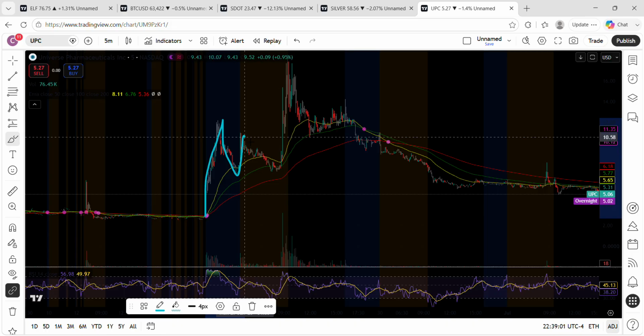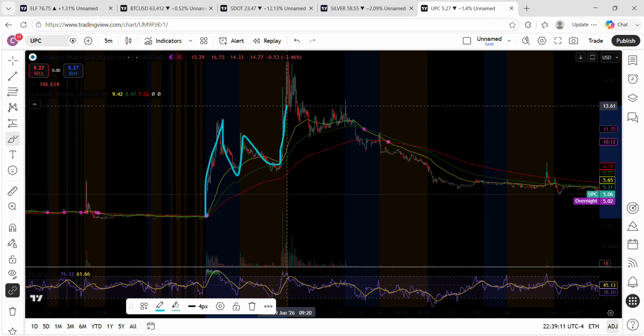But if you notice, we pulled back a little bit, consolidated just a tad. Notice we didn't drop all the way down to where we started. We went and we blasted off higher because, once again, the M top failed.